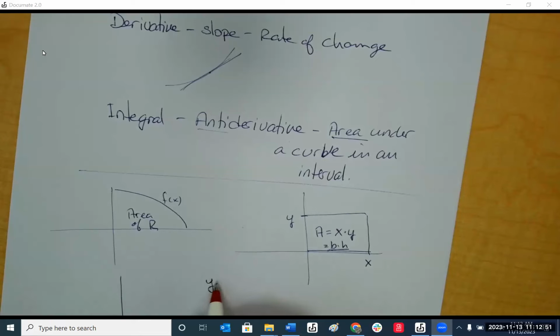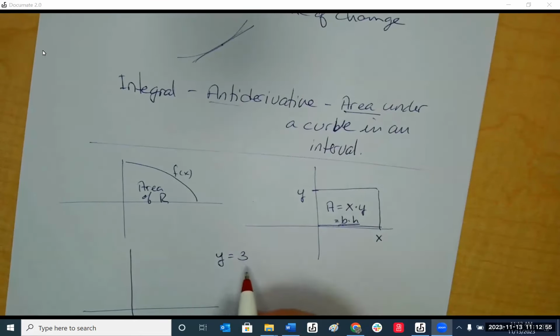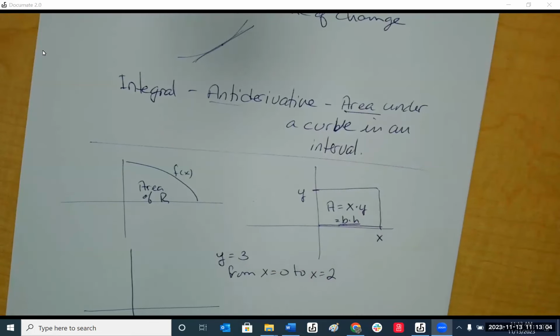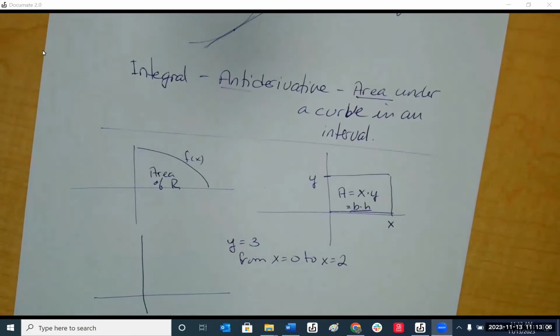Let's look at the function from x equals 0 to x equals 2. Find me the area.